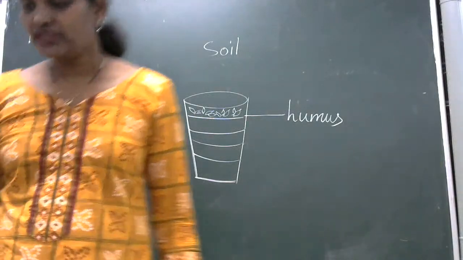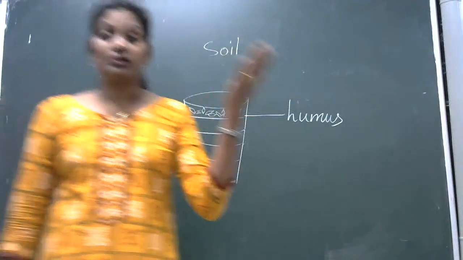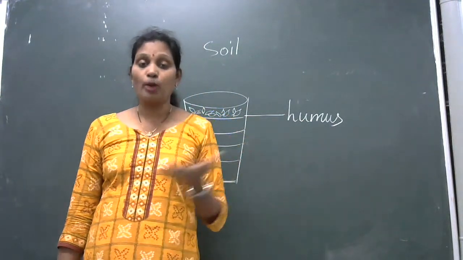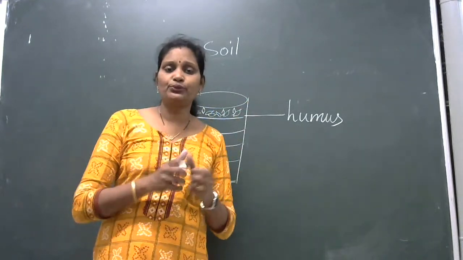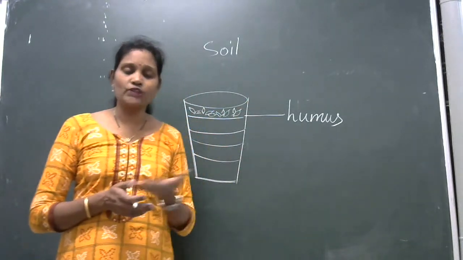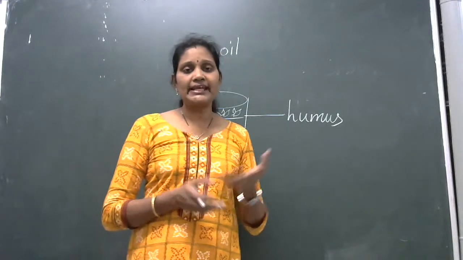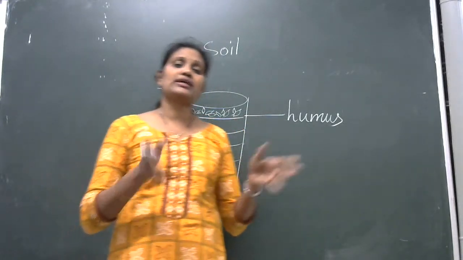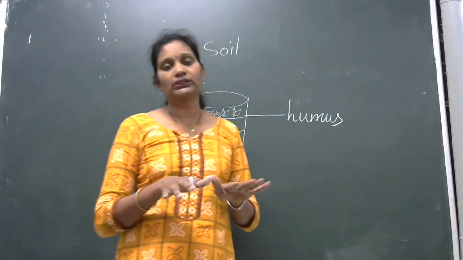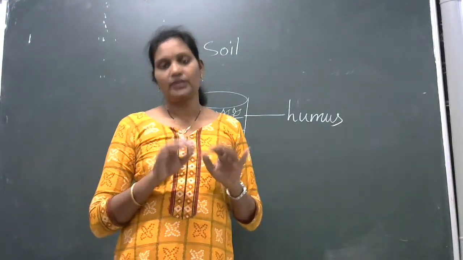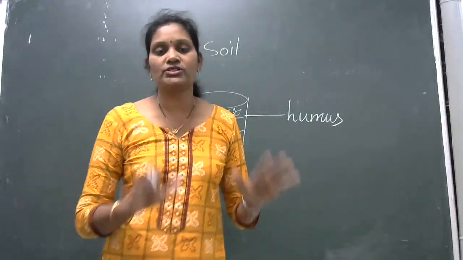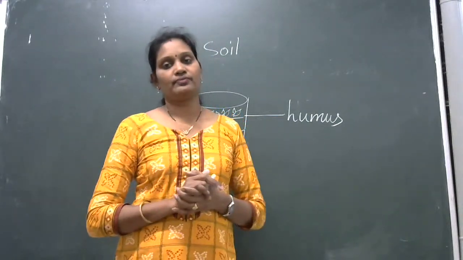Humus is the black color topmost soil which has so many nutrients because it is the topmost soil. It contains the dead remains of the plants and the animals. They decompose and it is very fertile. It is very nutritious for the plants.